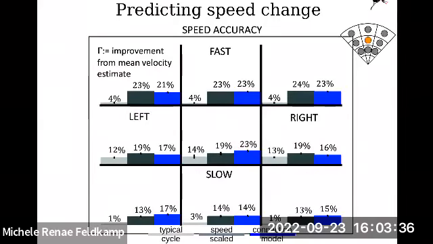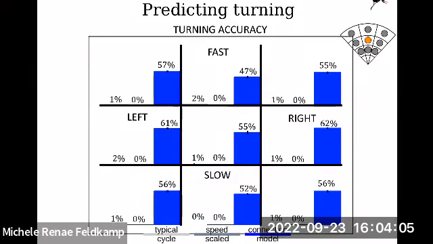So we just take the typical cycle motion and we rescale it to the average speed of the animals. And the last box, the colored box, is what you get from the geometric mechanics model. What you see is obviously you don't have very good prediction when you change speed but don't account for it in your geometry. But if you do account for it, you get a 14% prediction, which is what we get with our fancy models. So this might be a complete waste of time, right? Well, not quite, because if we look at turning, there's a huge difference.